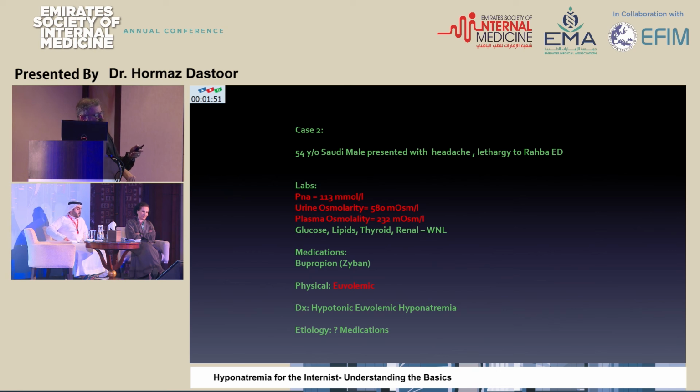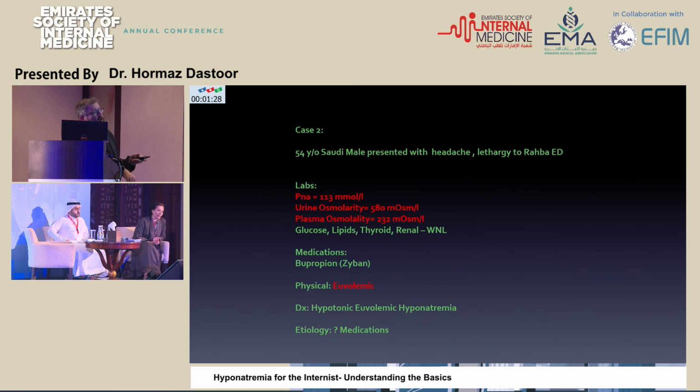So when I was in Rahba Hospital, we had a gentleman from Saudi Arabia, and he presented to us with plasma sodium of 113, and he had some symptoms such as headache and lethargy. So how would you approach this patient? I told you the first thing you have to do is to measure the urine osmolarity.